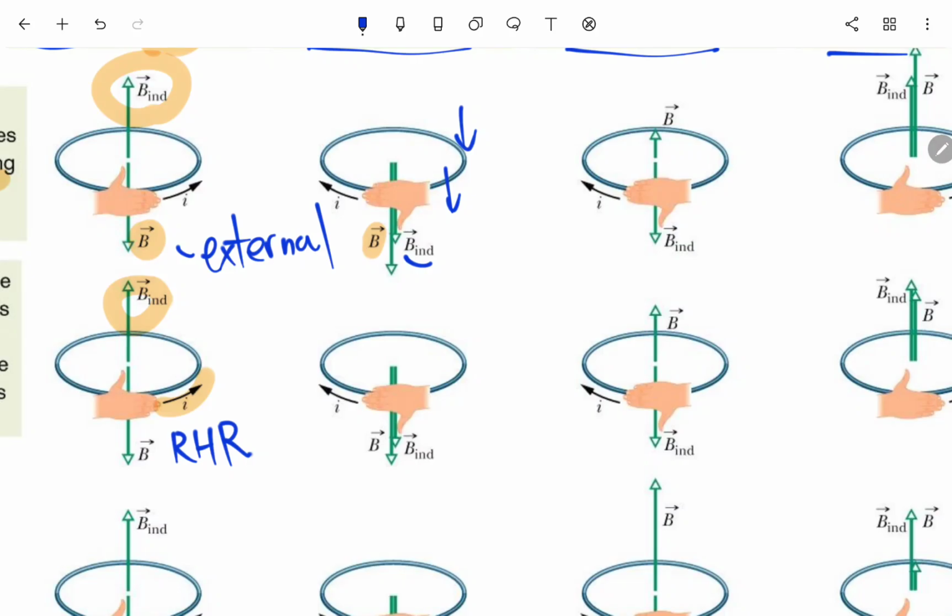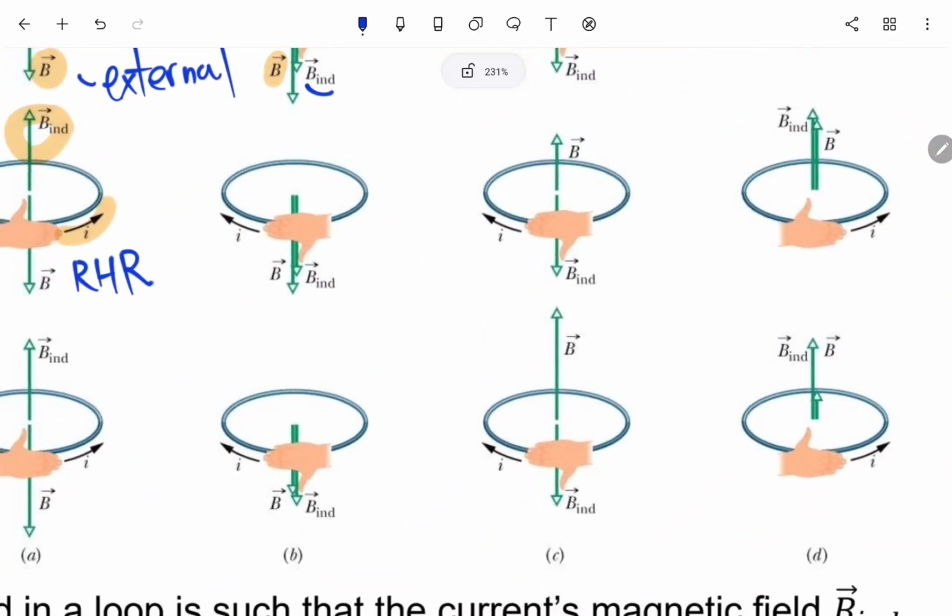So the induced current is clockwise, it's still clockwise, like this.